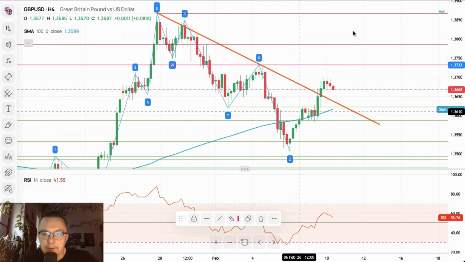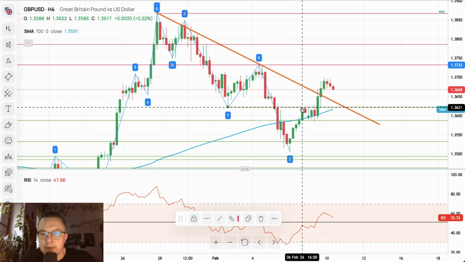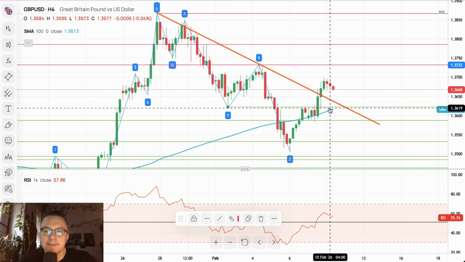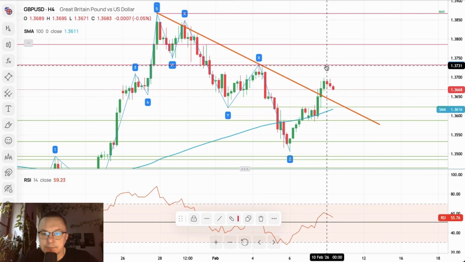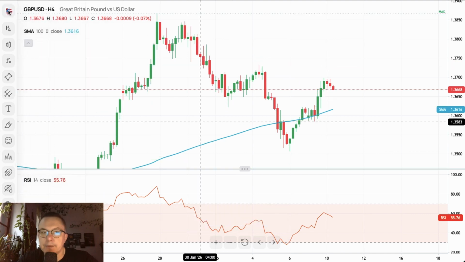So for now, the most important level here is 1.3221 for bulls, because any breakout below is bearish, and for the bears, the most important level here is 1.3734, because any breakout above it is bullish. So that's the situation on the British pound.